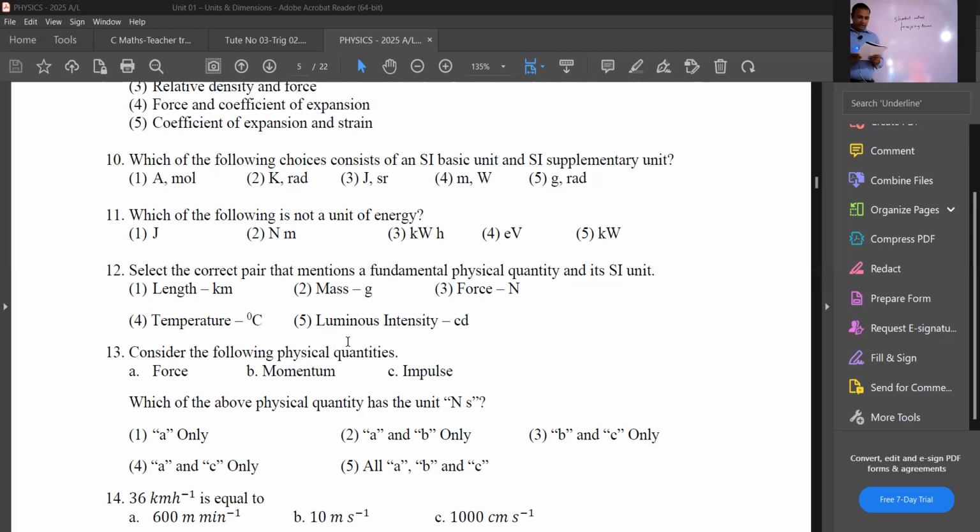Which of the following is not a unit of energy? What is the answer? Please put your answers in the chat box. What is your answer for question number 11?